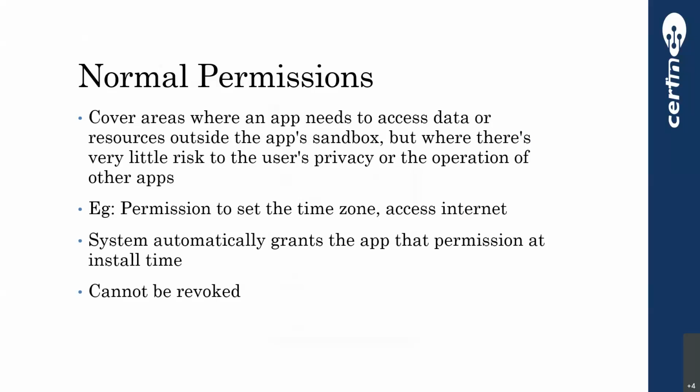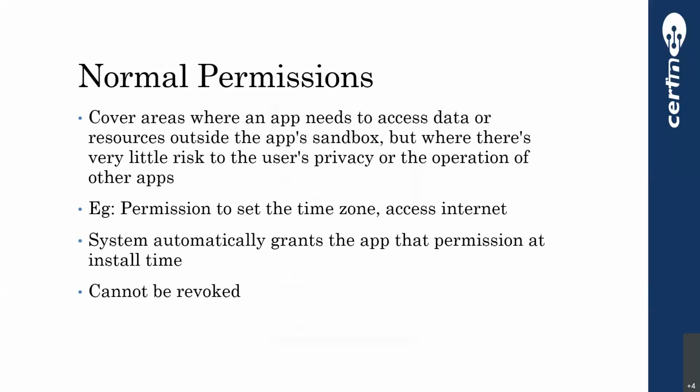Anything that has any kind of personal data is not part of these permissions. These permissions are basically accessing the internet, figuring out your time zone. All these are very basic permissions and do not lead to any user privacy issues. So these permissions are automatically granted when you are trying to install the application.